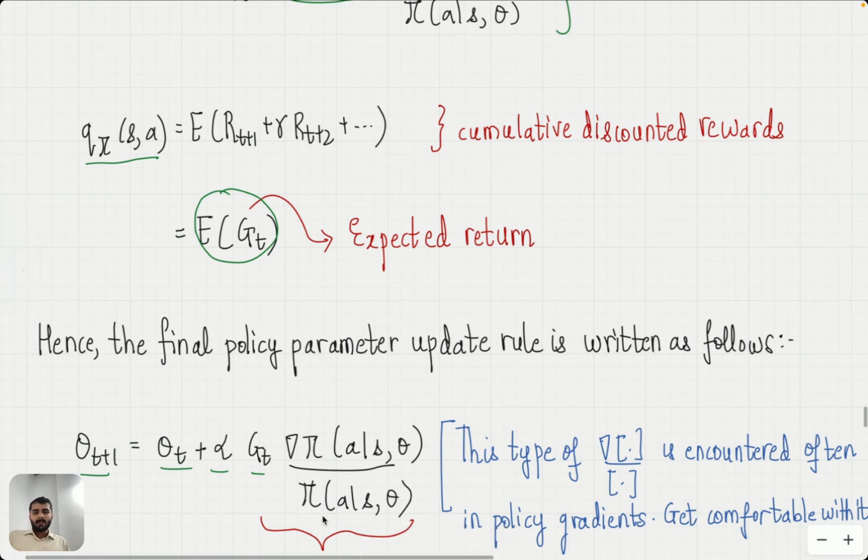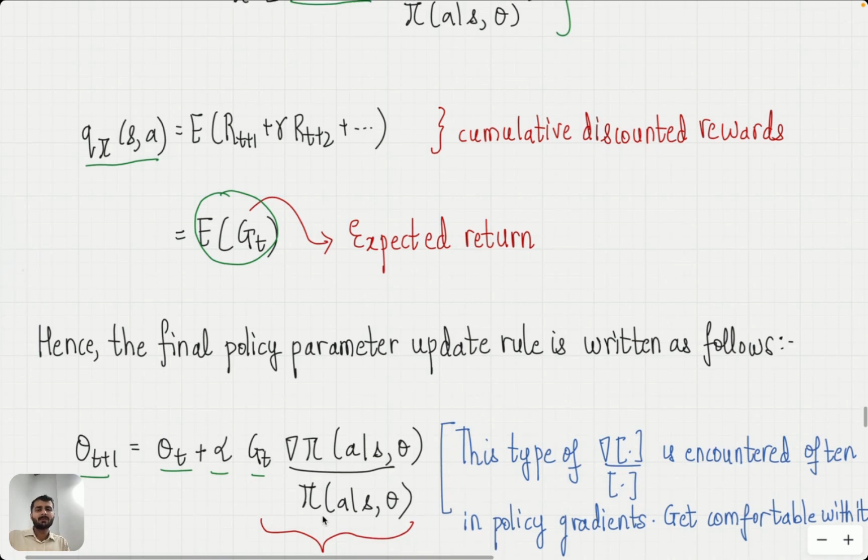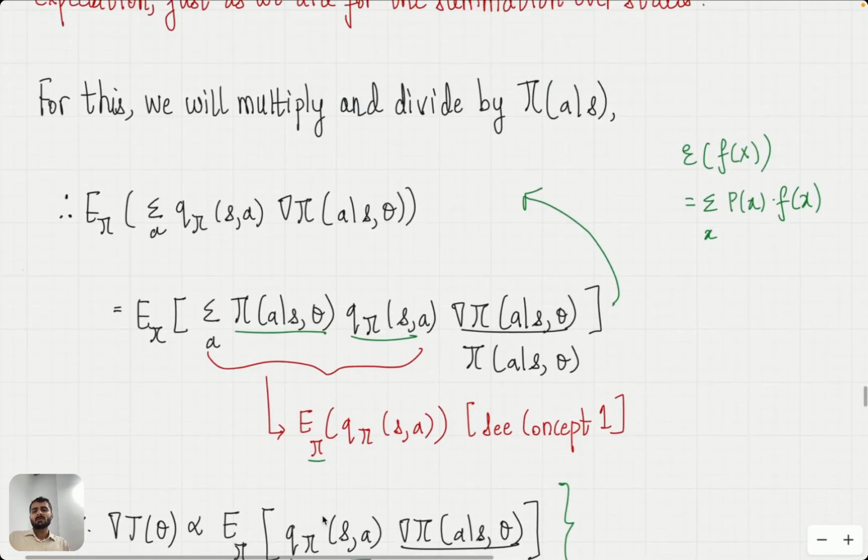Now, this expression is something which we are going to understand later as well. But before, we have used some concepts of probability to arrive at this expression. Only concept number one is used. We have used that concept two times: first for approximating over summation of states, and second for approximating over summation of actions.